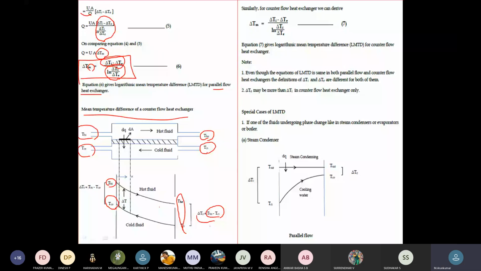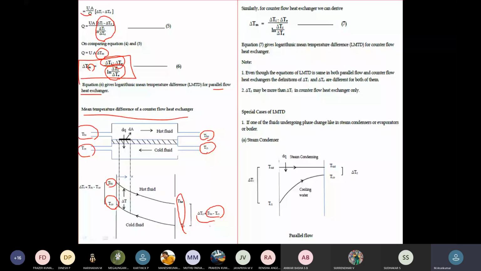So we can write the LMTD equation for counter flow like this: delta Tm will be equal to (delta Ti minus delta Te) divided by ln(delta Ti / delta Te).